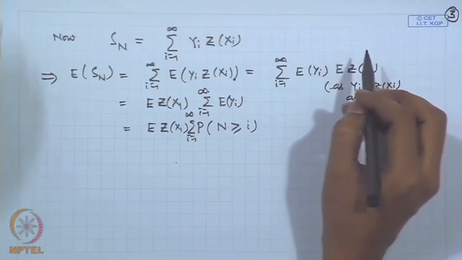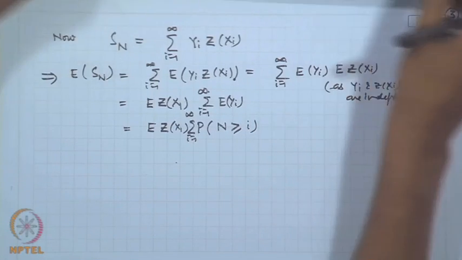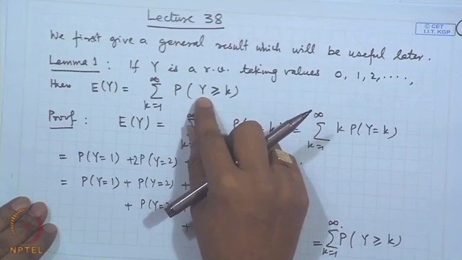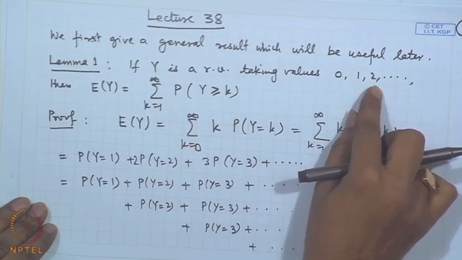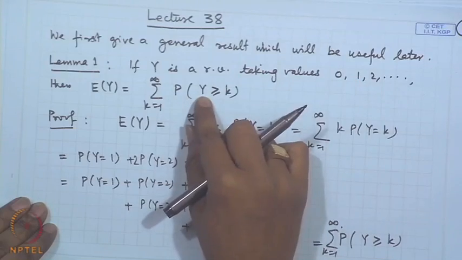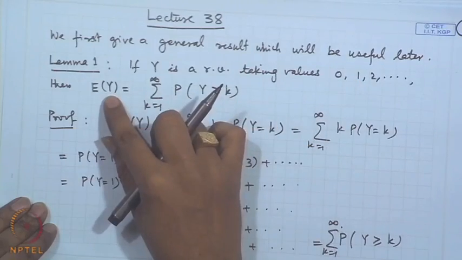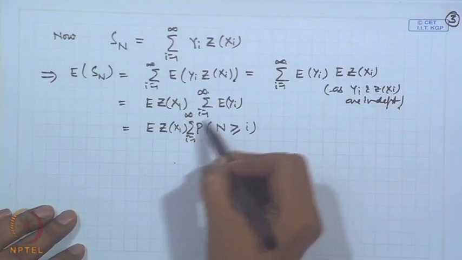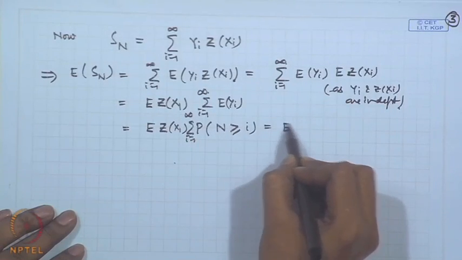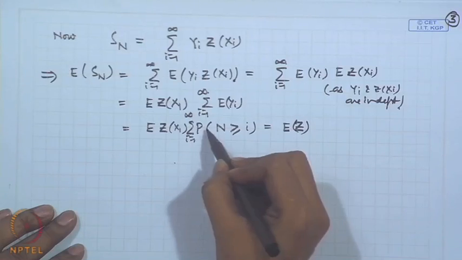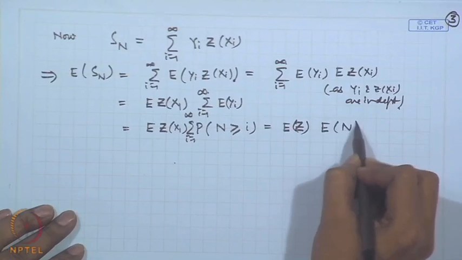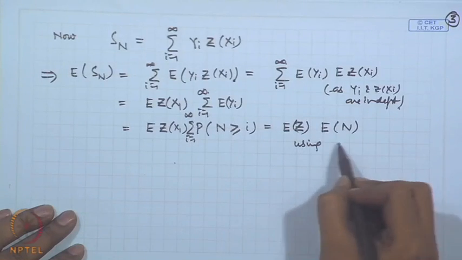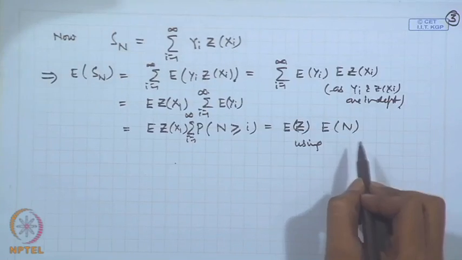Now, we can use the lemma which I just now stated, that if I am having an integer valued random variable of this nature, then the sum of probability y greater than or equal to k is nothing but the expectation. So, this quantity becomes nothing but expectation of n. So, we can write it as expectation of z into expectation of n, using lemma 1.